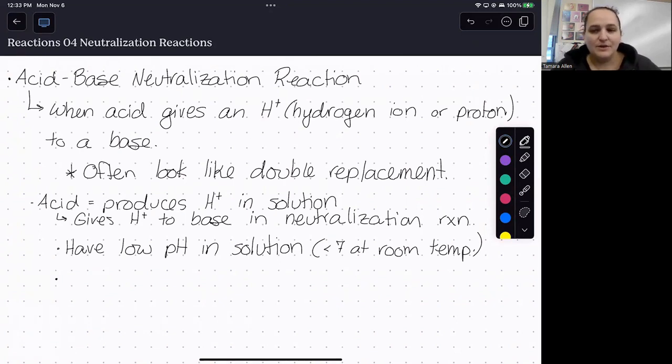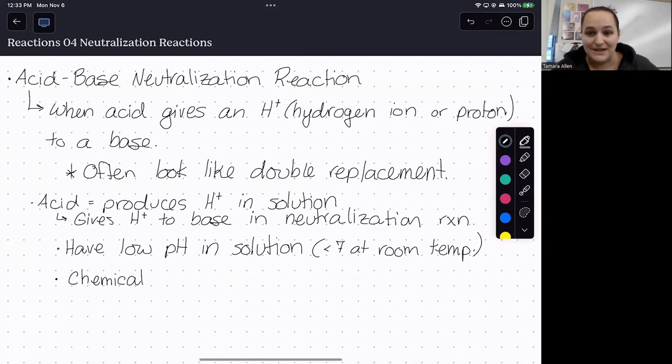Well, that is going to vary a lot depending on what types of acids you're dealing with, but some of the most common types of acids that you will deal with are going to involve hydrogen, clearly, since they are producing hydrogen ions in solution.